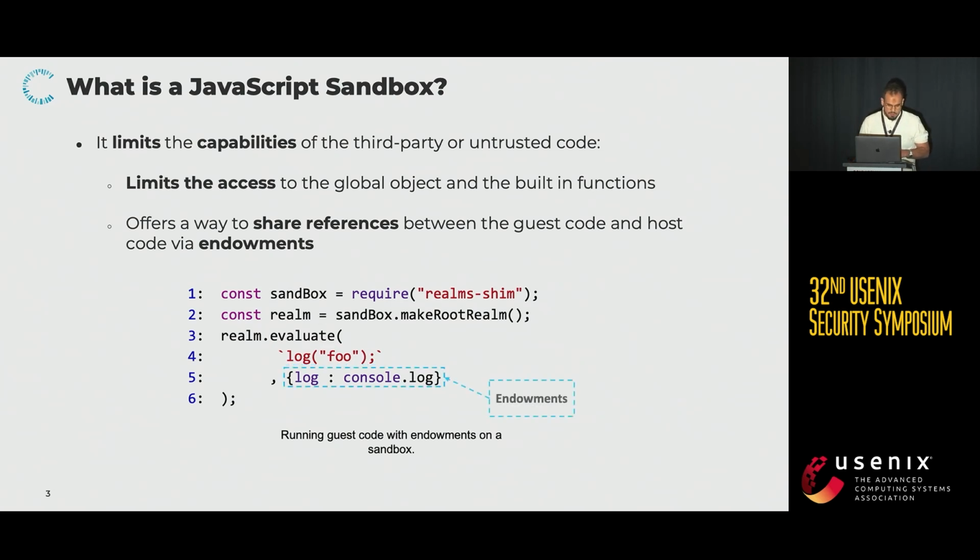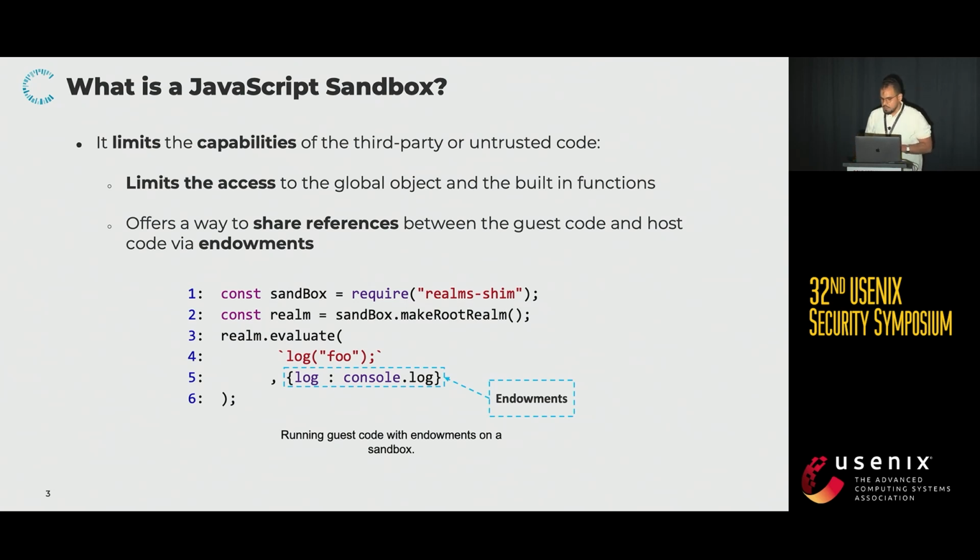So as we can see here, first, on line number 4, we have the guest code hosted inside a sandbox, where the endowment allows running specific built-in APIs or built-in functions by sharing those references.